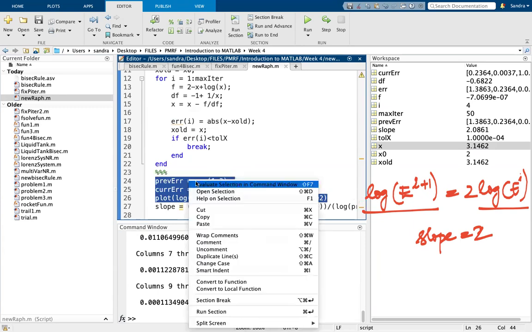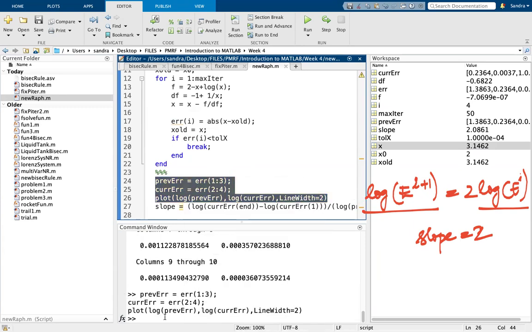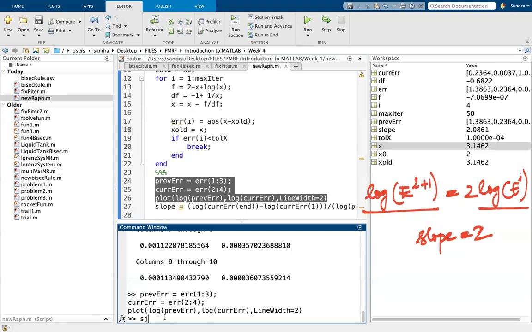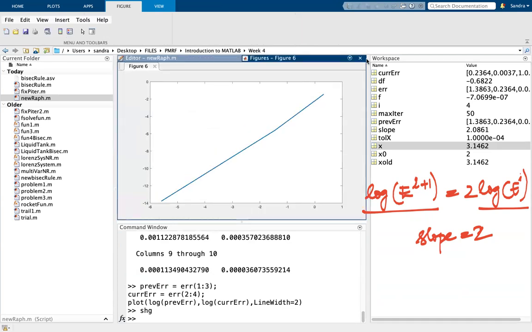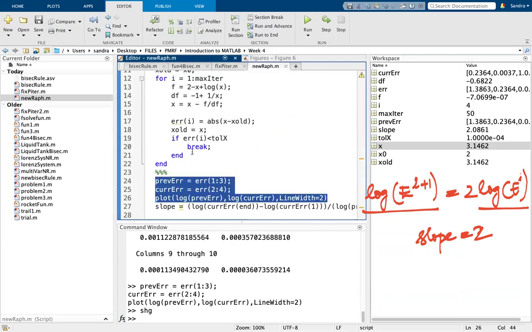Let me plot it here. I am getting a straight line like this: previous iteration versus the current iteration.